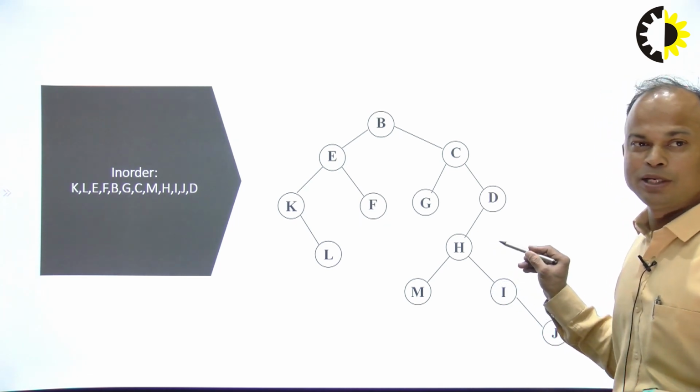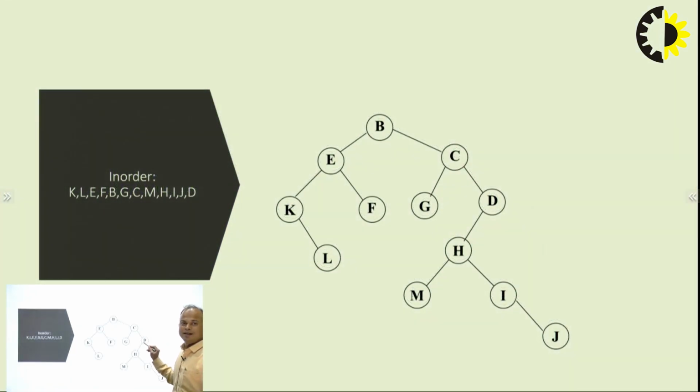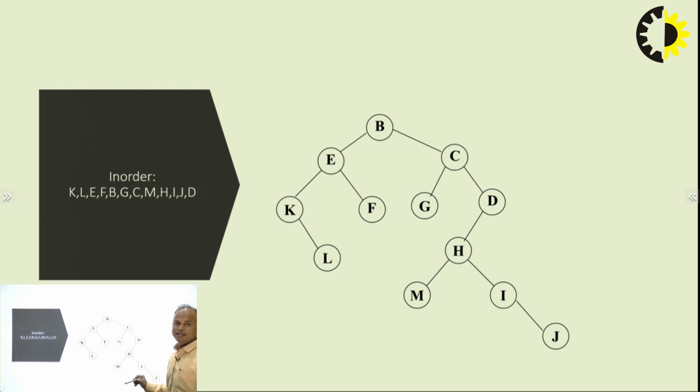So if we observe D, all the left part has been visited. The left subtree of D has been visited. Now, after left, visit the root, visit D. So we observe that the left part of C has been visited, C has been visited, and the right part has been visited.